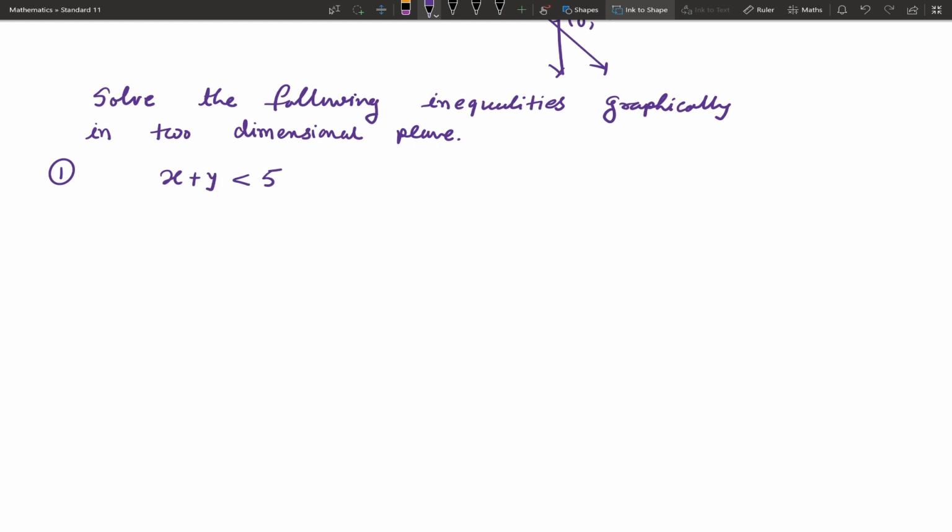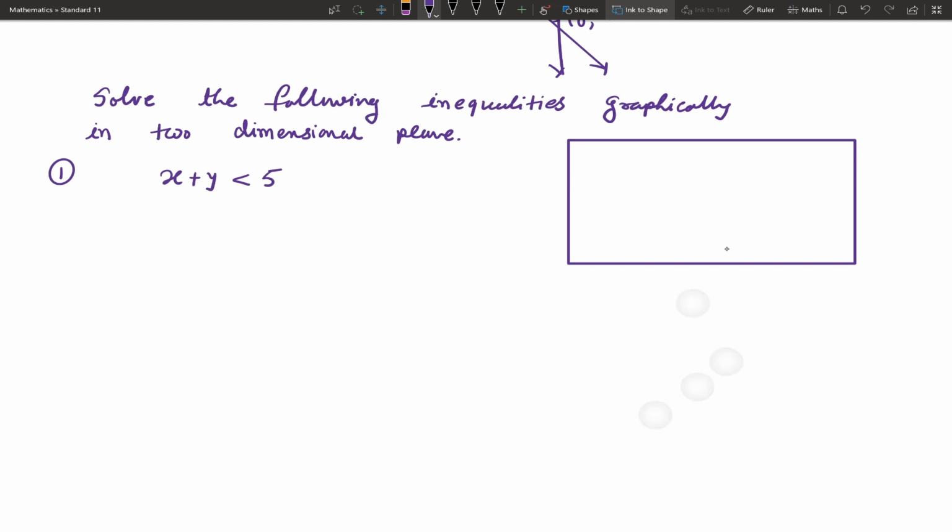Now, two basic principles. If the inequality is a strict inequality, then there will always be a dotted line.